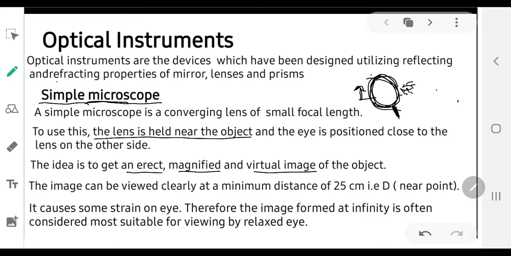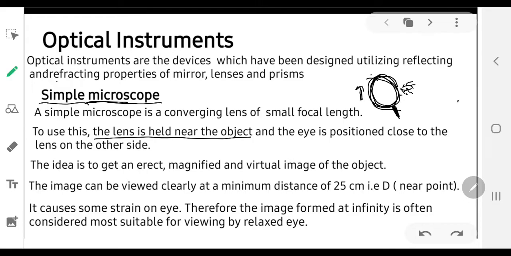If the object distance is greater than f, the image formed will be real and inverted. If you want an erect image, the object distance should be less than the focal length.